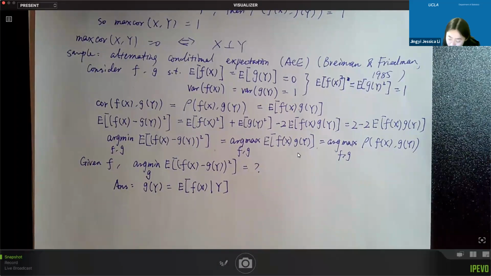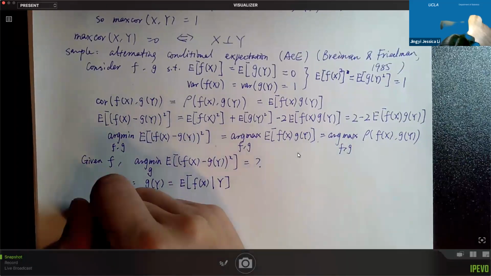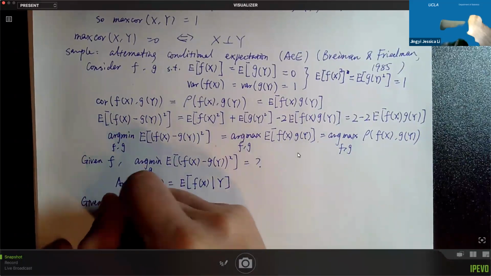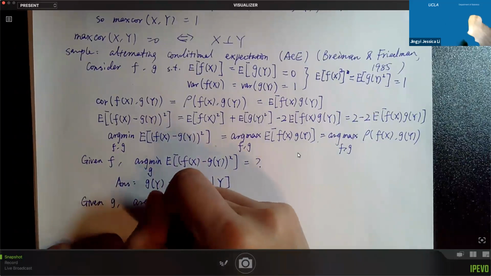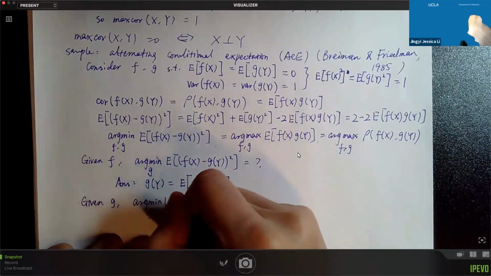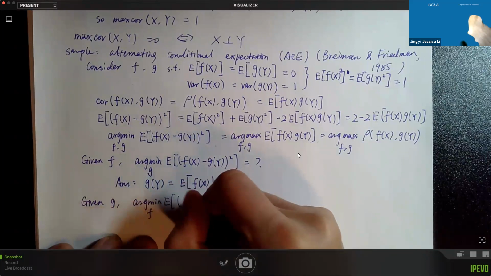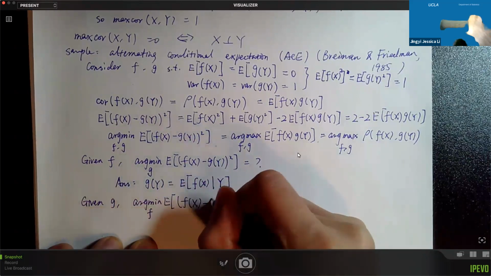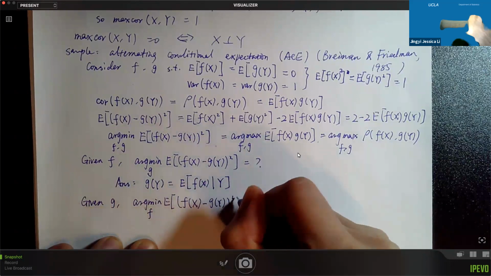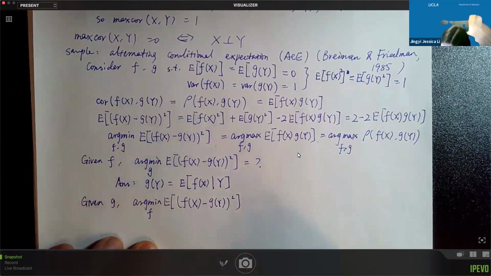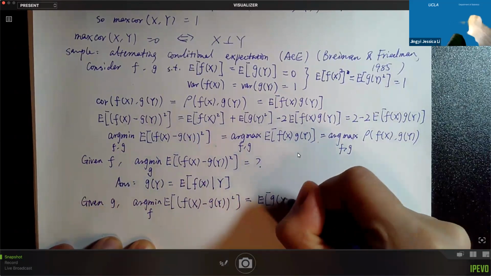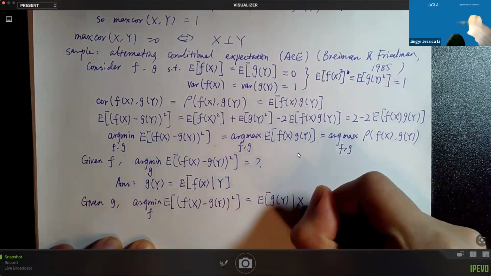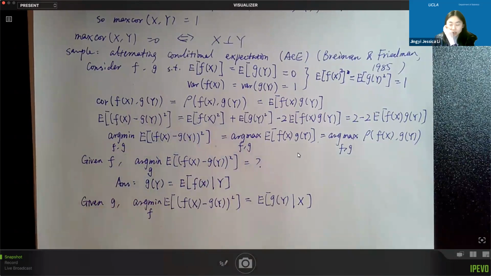Similarly, given g, if you want to find the f to minimize the square loss, the answer is going to be the expectation of g(y) given x.